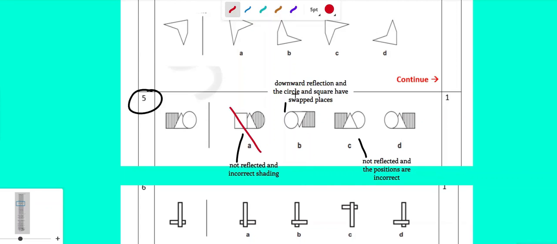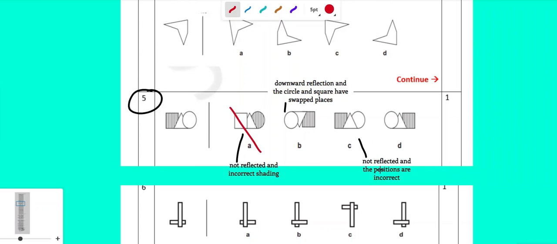B is the downward reflection, and the circle and the square have swapped places here. If you see, the square is in the 1st position, but here it is just the opposite. So it has swapped places, therefore making it the wrong answer.